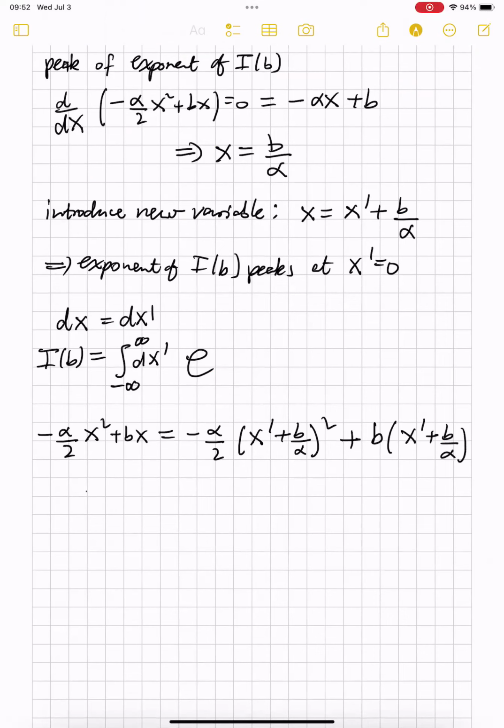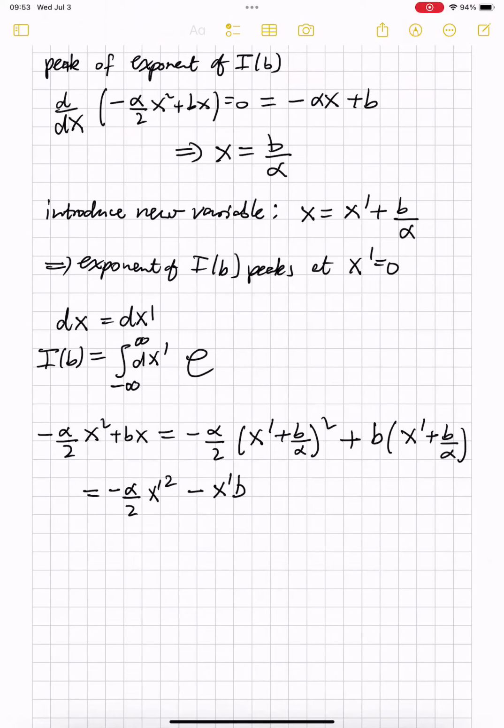Let's just multiply out these brackets. Well, that first bracket that's squared is very easy to multiply out. So we'll get a minus alpha over 2 times x prime squared. The cross term will come with a factor of 2, which will cancel the 1 over 2 up front. And it looks like we'll get a negative. We will have x prime b over alpha.